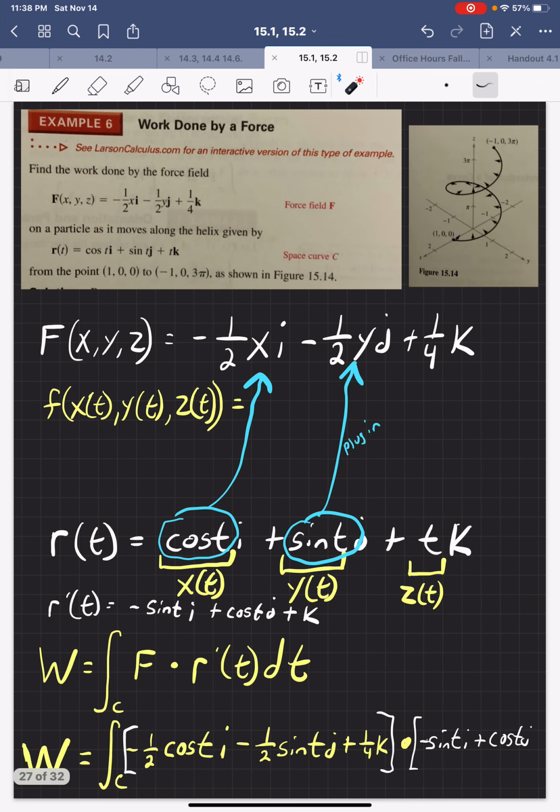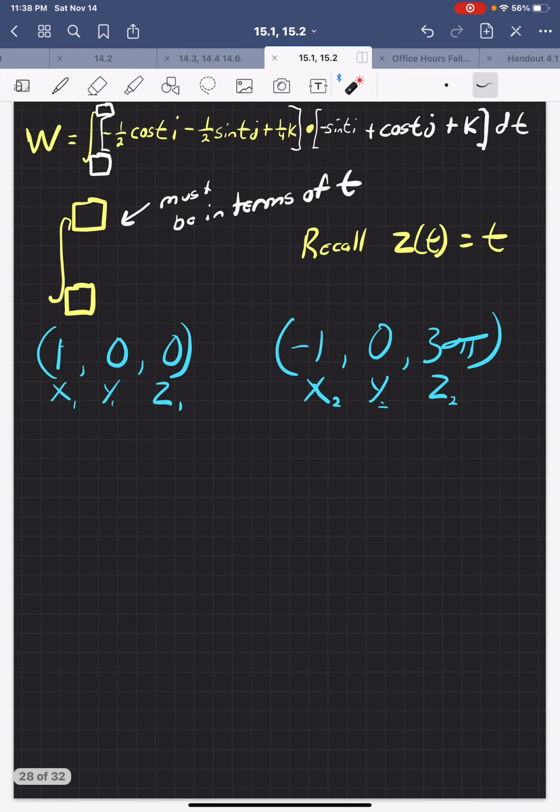In other words, if you were to just think about our component of k as equal to z, then z is equal to t. So all that means is we can find our bounds by just looking at the z values.